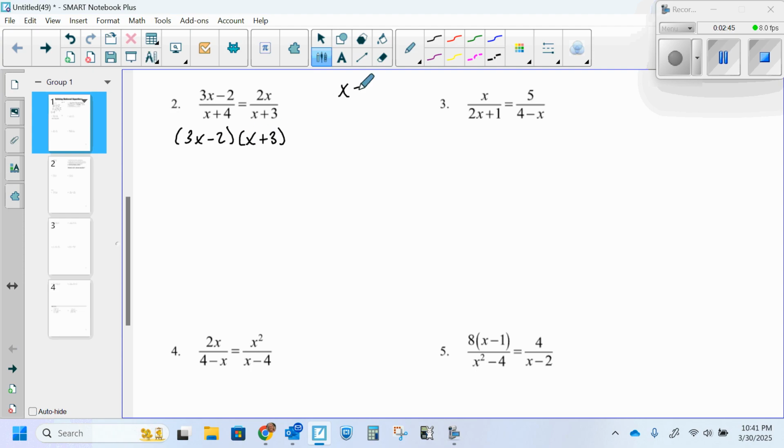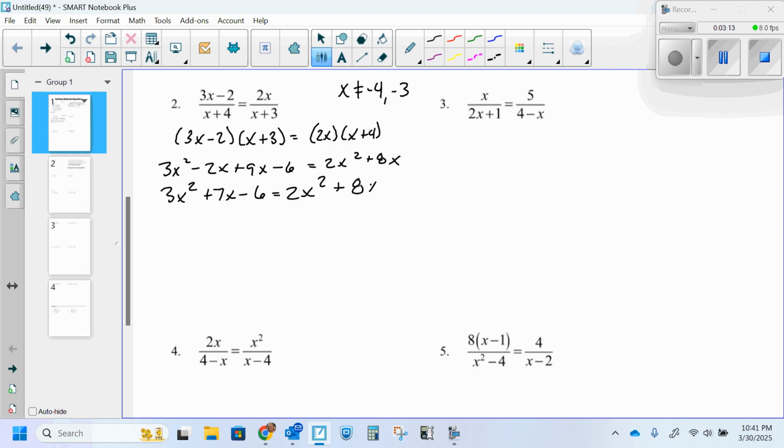Didn't do the domain restriction, sorry. X cannot be -4 or -3. Whoops, I'll just do that. Okay, FOIL this out. Again, I'm going kind of fast on some of this. Plus 7x.